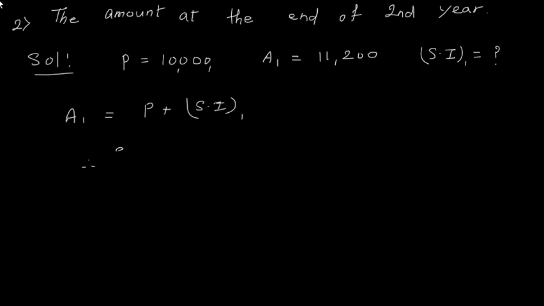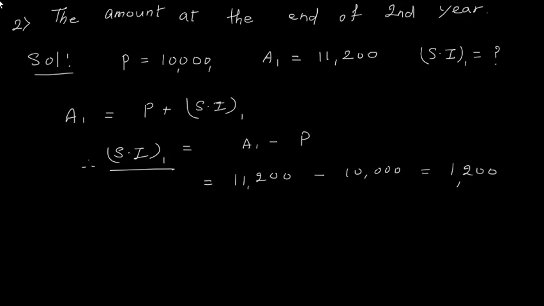So therefore simple interest for 1 year will become amount after 1 year minus principal, that is 11,200 minus 10,000, it will give 1,200. 1,200 is simple interest after 1 year.